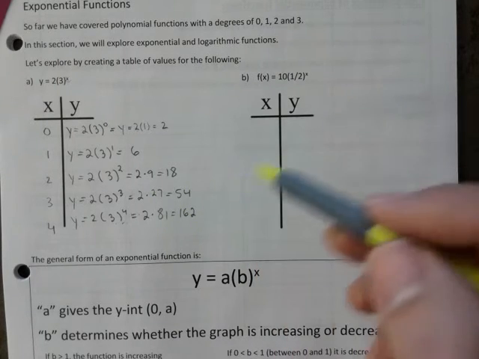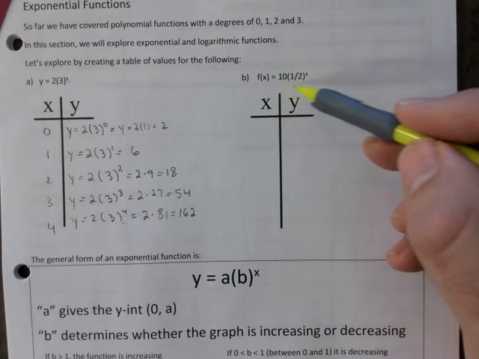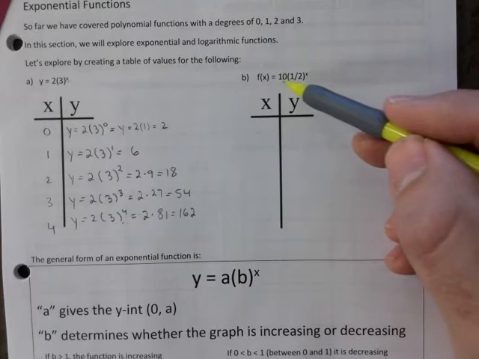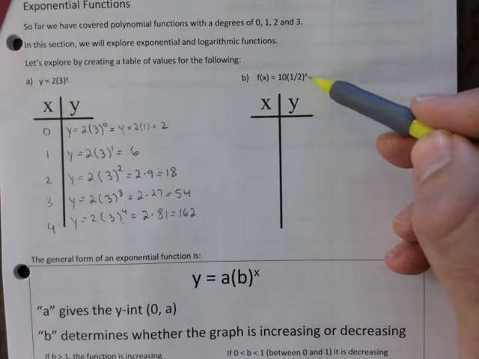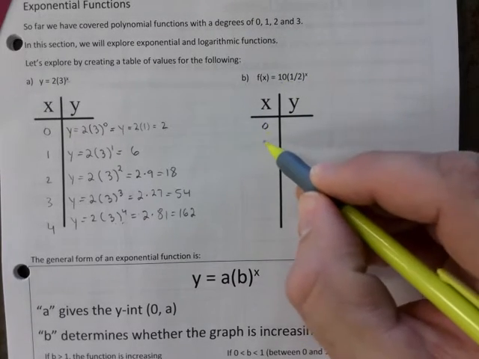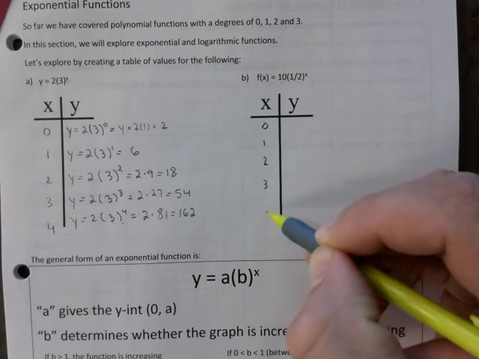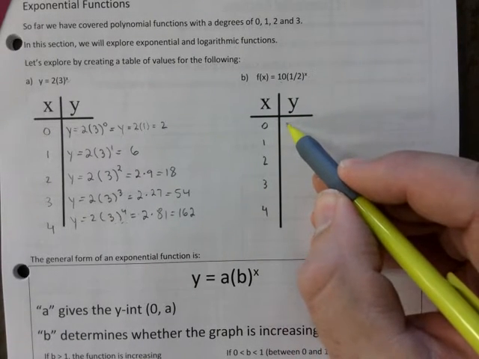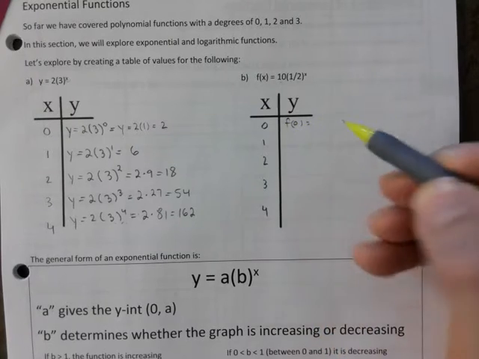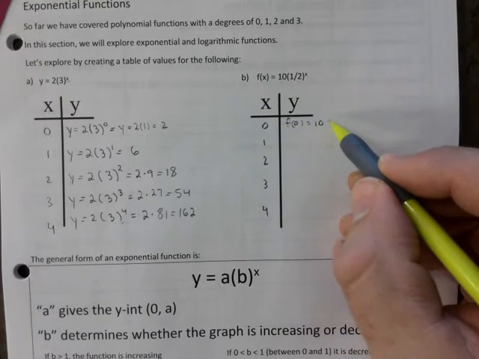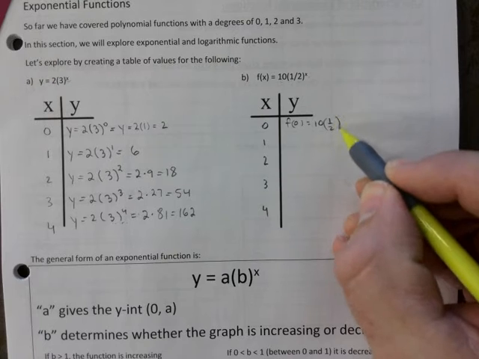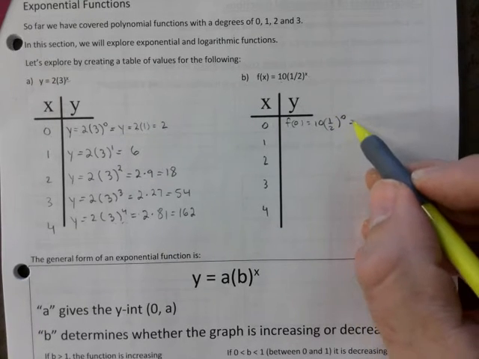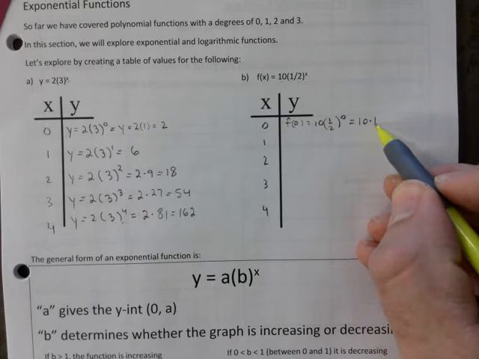Before we do the pattern, let's do the one for the next here. f of x is equal to 10 times (1/2)^x. Let's do the same thing. 0, 1, 2, 3, 4. f of 0, it's just a different way of writing it. 10 times (1/2) to the power of 0 is just 10 times 1.